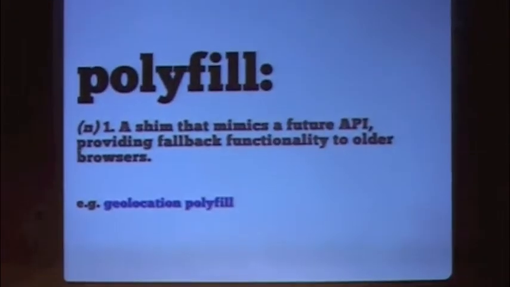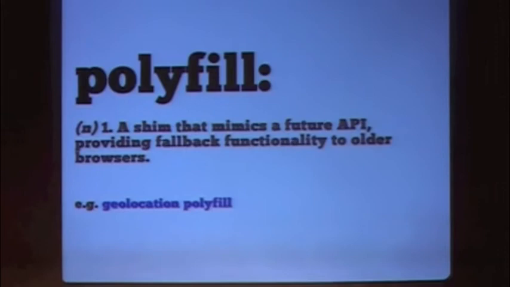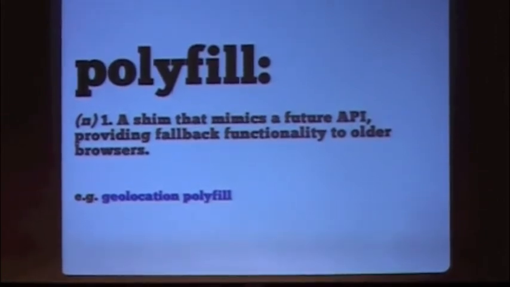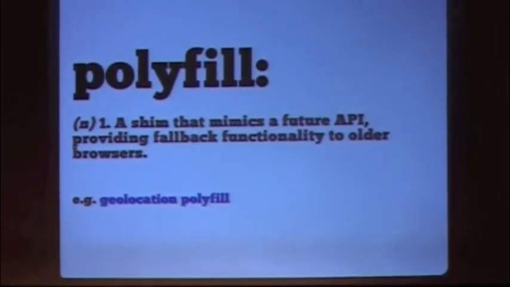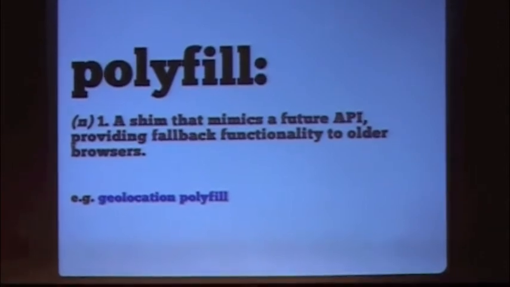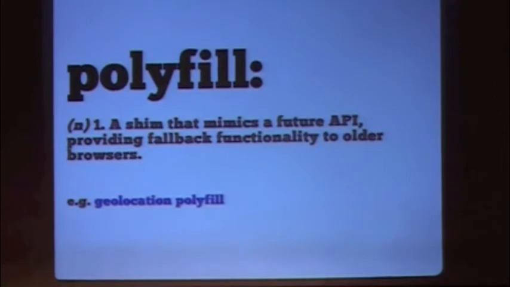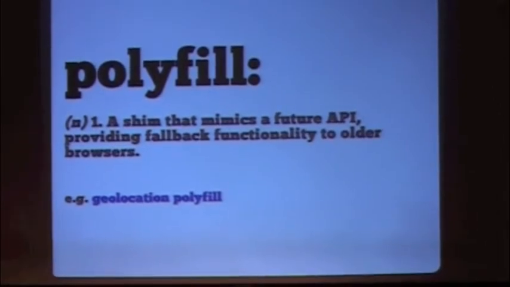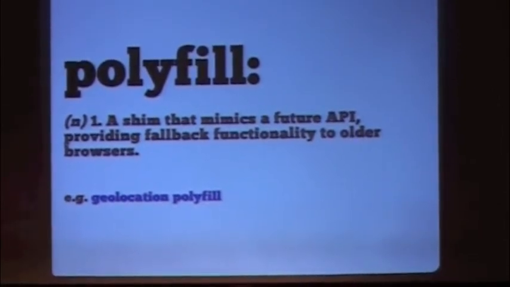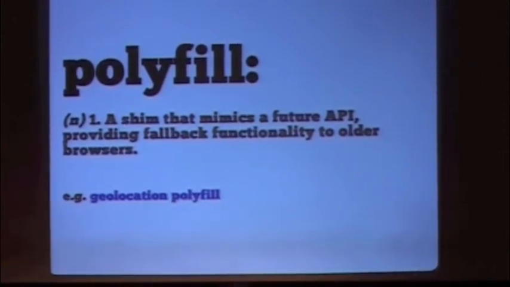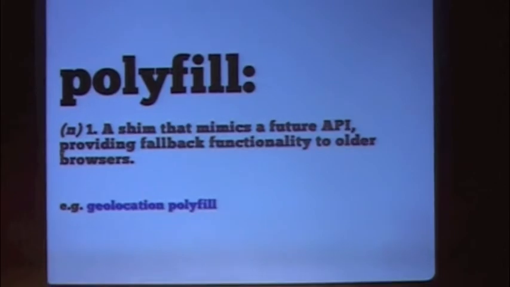Paul says, a Polyfill is a shim that mimics a future API providing fallback functionality to old browsers. So basically, a Polyfill is a shim, however, it's supporting the future API. For example, I could try to use geolocation, but then maybe the browser does not support geolocation, and I need to look into a geolocation Polyfill to resolve the problem.